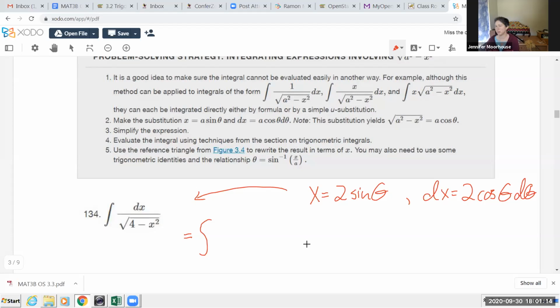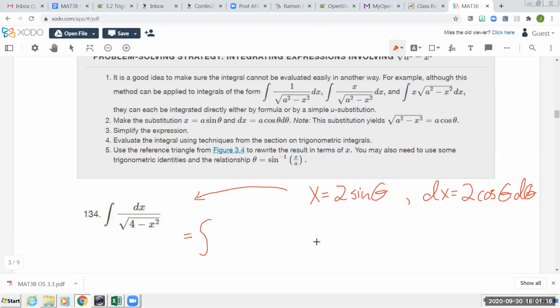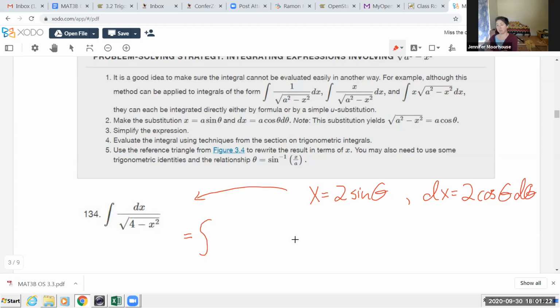No, you can't move it to the outside, but you can move it off the fraction if you like. Yeah, sorry, that's what I meant. Move it off the fraction. So you could put it over to the side and have your 1 over the square root of 4 minus x squared there, and your dx on the outside.